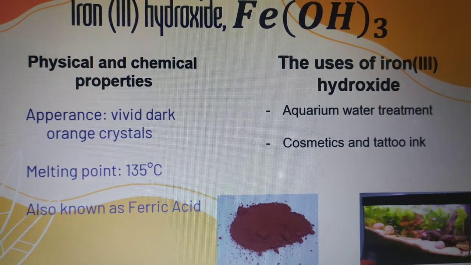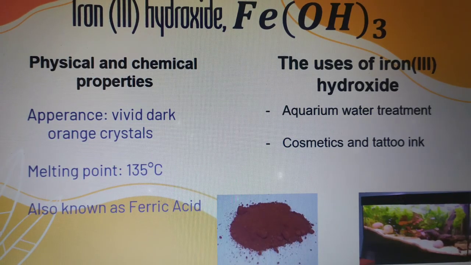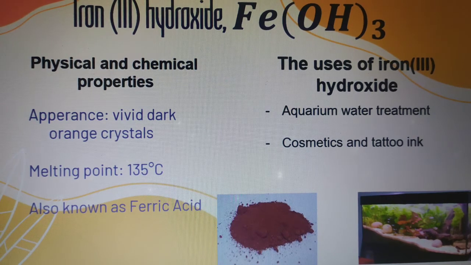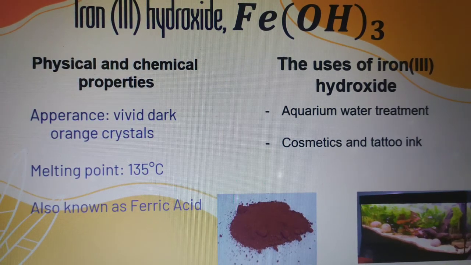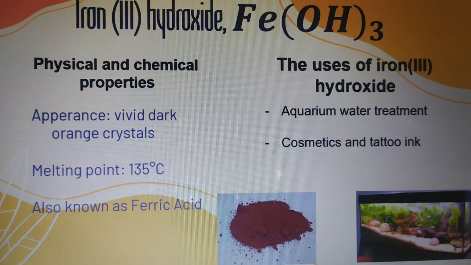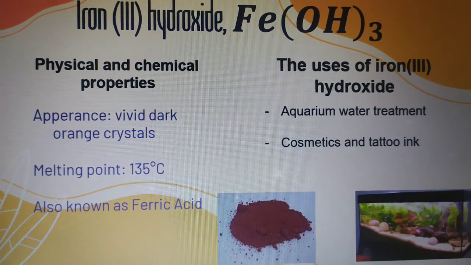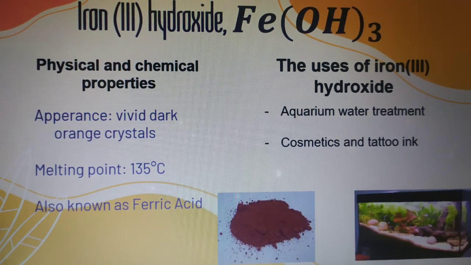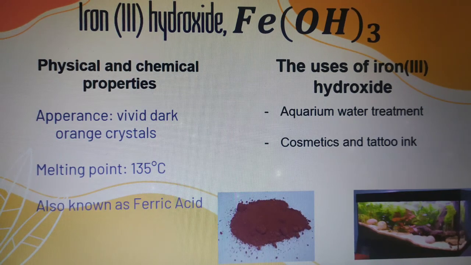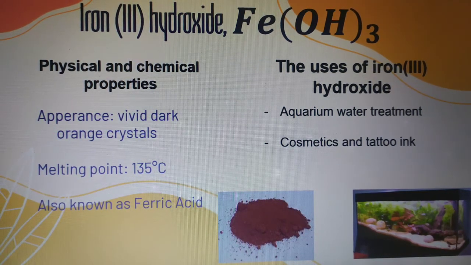Next, we have iron 3 hydroxide, which has the molecular formula Fe(OH)3. The physical and chemical properties of this compound: it appears as a vivid dark orange crystal, as the picture shown below.